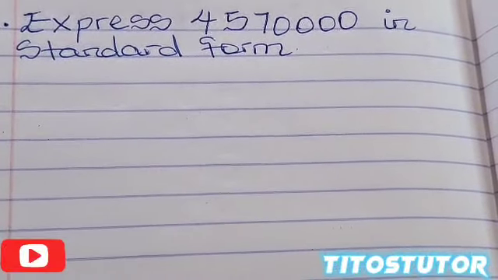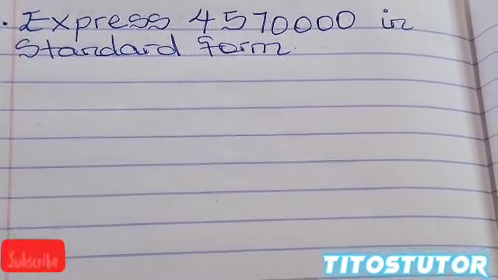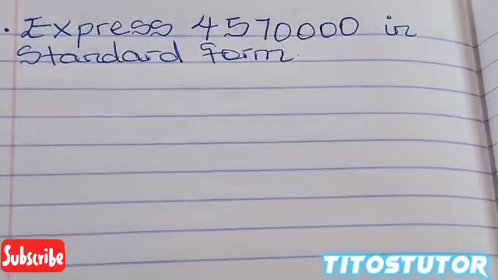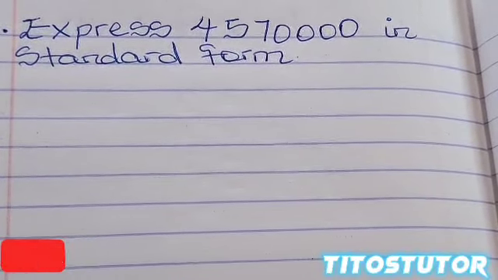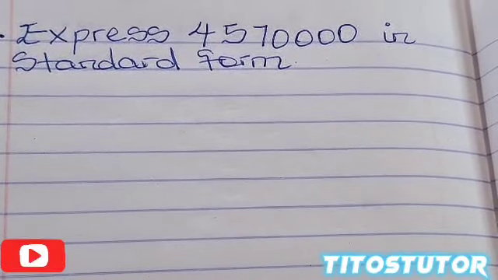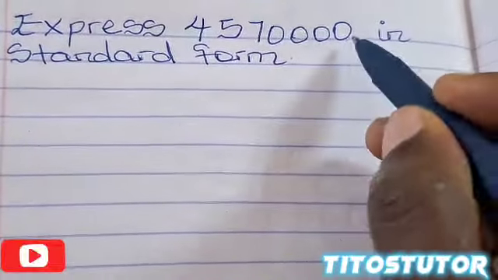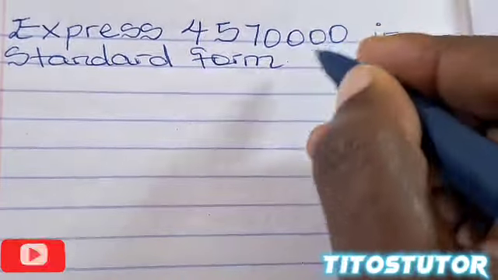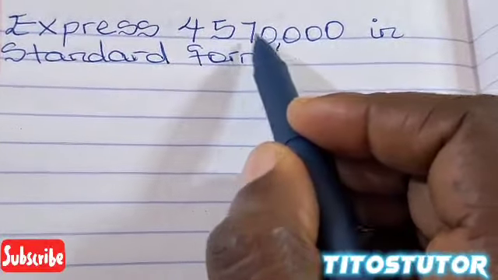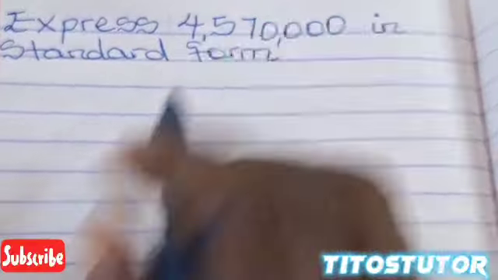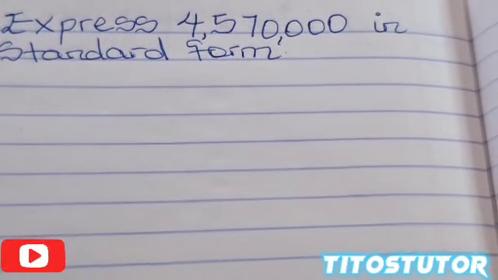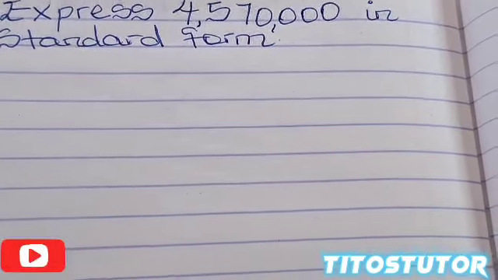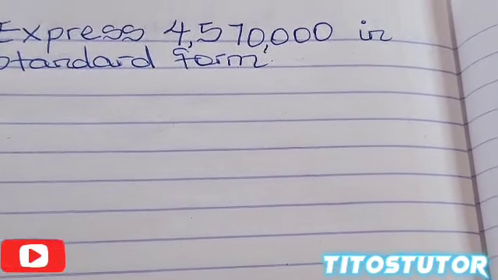Here's our second example. Express 4570000 in standard form. So if I want to say this number, I put my commas: 1, 2, 3, comma, 1, 2, 3, comma. So it's 4,570,000. So I want to convert this to standard form.